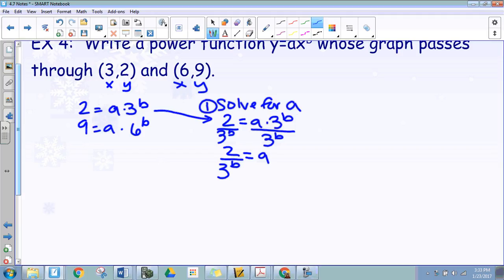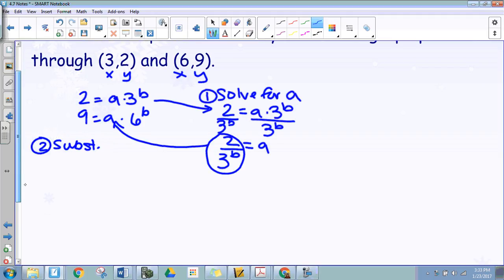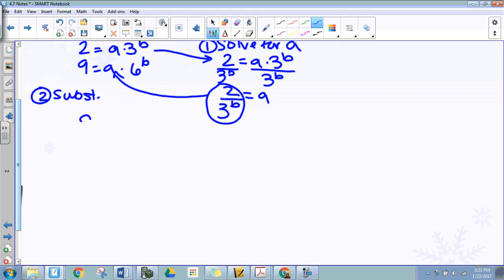Now it's my substitution step, so this part goes in for a in the other equation. So we get 9 equals 2 over 3 to the b times 6 to the b, and that's just over that same fraction.